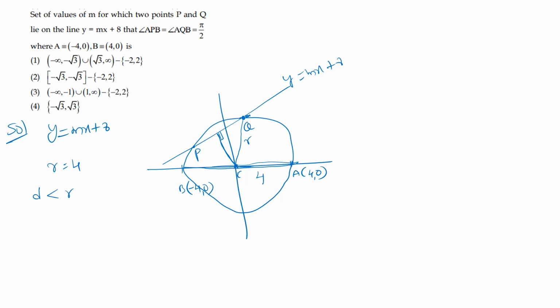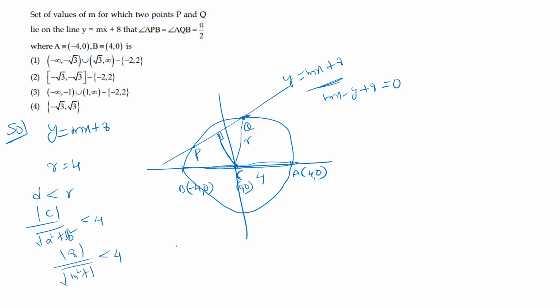Distance from where to where? From the center. Now the center will be 0, 0. The distance from the origin to this line, that is mx minus y plus 8 equal to 0. So the distance from center to line formula we already know: mod c by root of a square plus b square. It's clearly less than 4. Mod c, that is mod 8, by root of m square plus 1, less than 4.